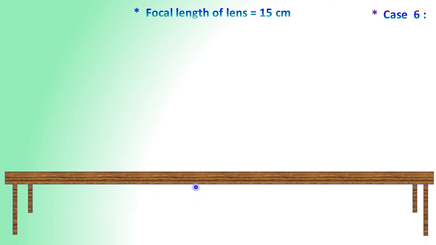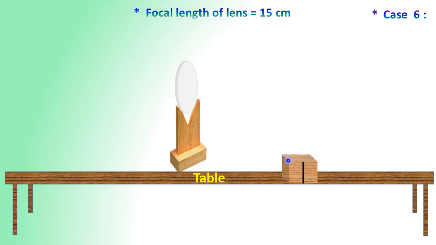This is the table. V stand. This is the convex lens, wooden block, object. This is the object, candle. Now let us measure its distance.